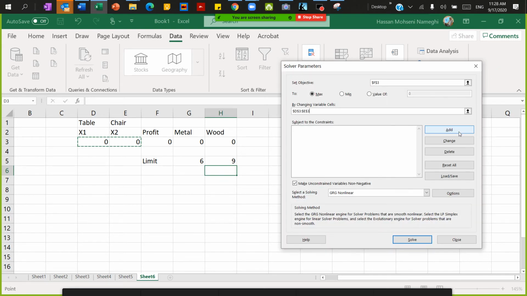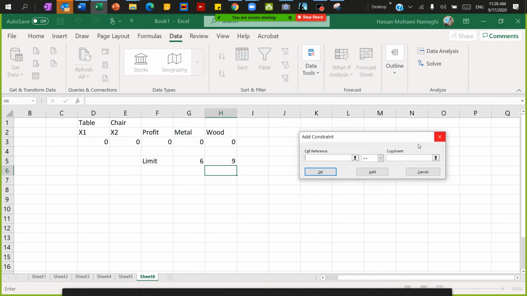And then I want to set up the constraints. The first constraint is that this cell for metal should be less than or equal to 6, which is this one. So I put G3 less than or equal to the constraint, which is here. Again, you can manually put 6, or you can simply click on this cell. Add this.